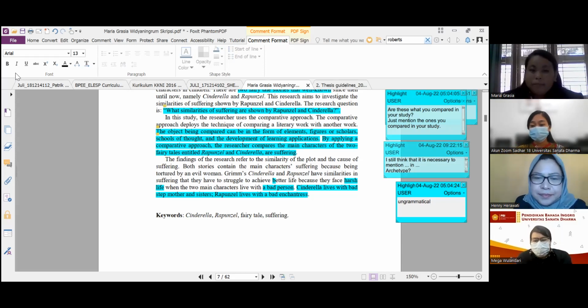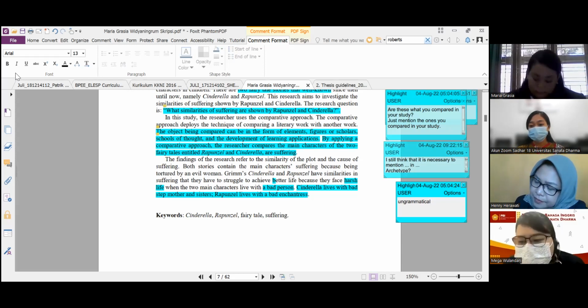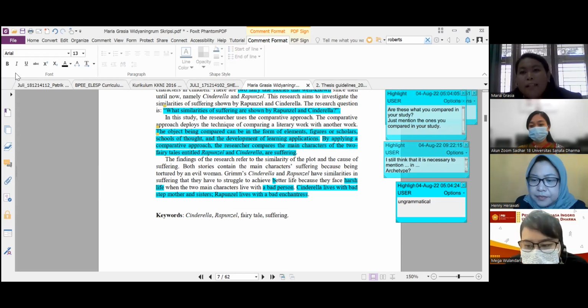Wait a minute. Okay. The similarity of suffering from both stories is they suffered from the evil woman's stepsister and stepmother. Also the witch on the Rapunzel story.